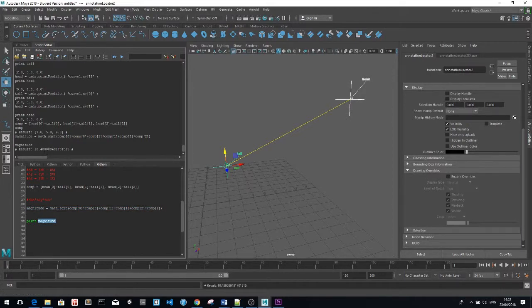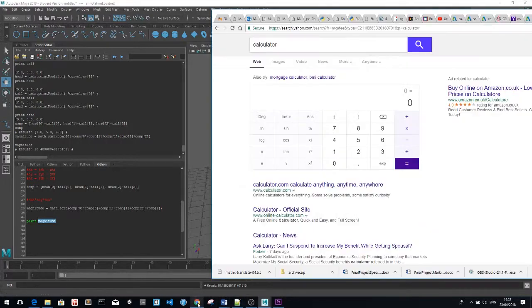If we print that, it works out at 10.488, and we can verify that if we take our components once again, get the square root of 7 squared plus 5 squared plus 6 squared. That should give us 10.488.